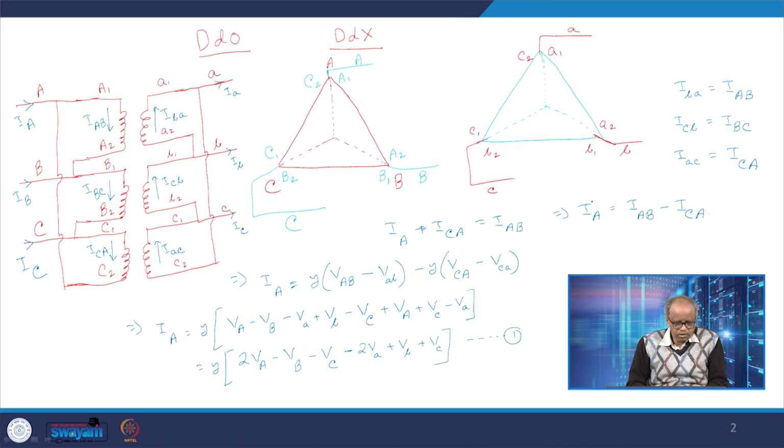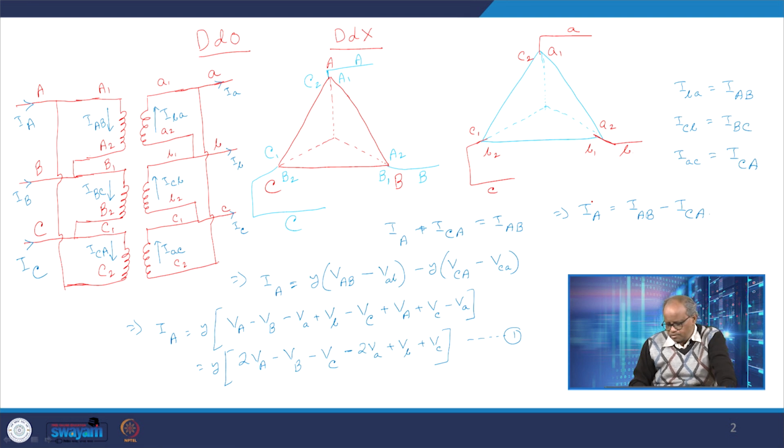Now let us look at the secondary side currents. For the secondary side currents, IBA is equal to IA plus IAC, right? Because this current is IAC.